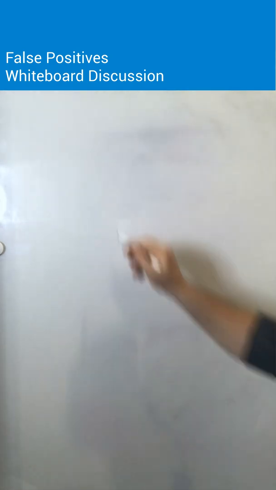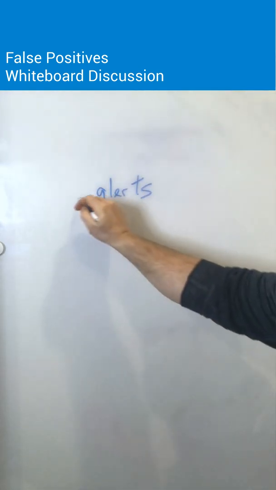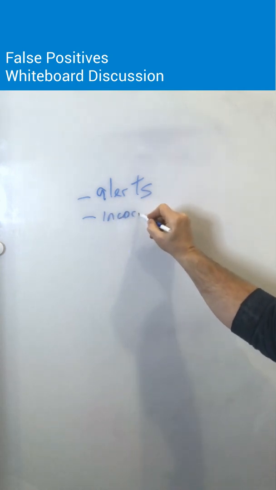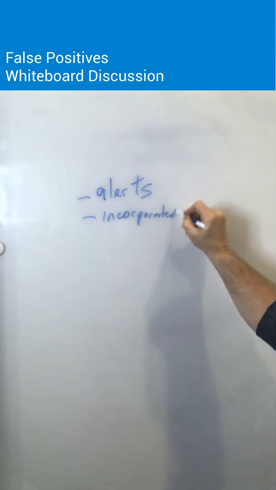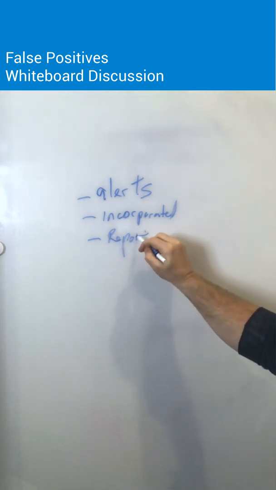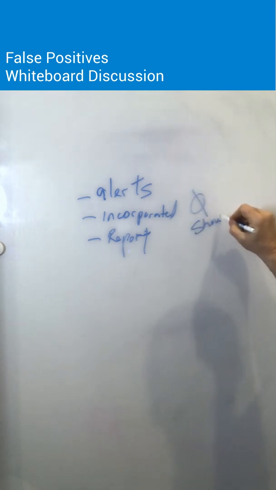So let me talk about what those are. A false positive is when something alerts or something is incorporated or rated or reported on when it should not. When it shouldn't be.